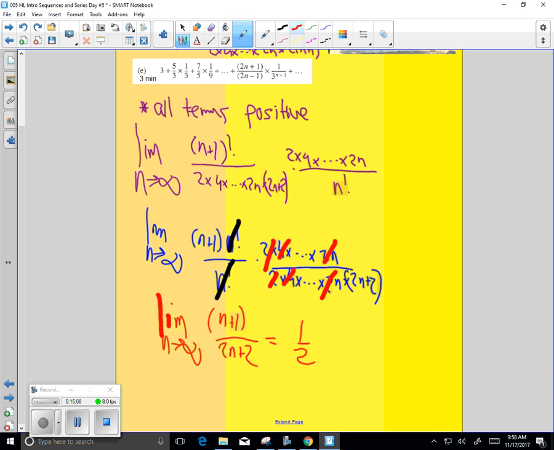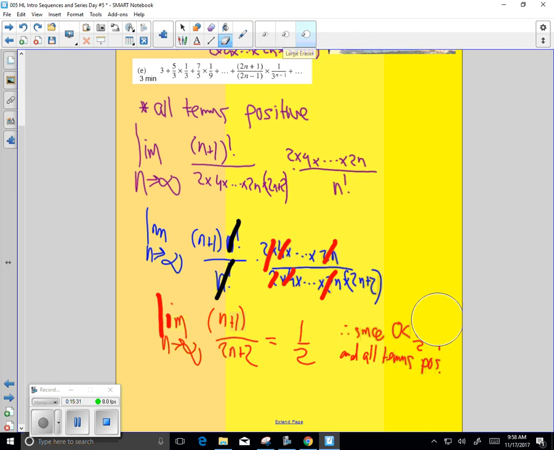Isn't that cool? So this means, therefore, since 1/2 is between 1 and 0, and all terms positive, I should do this part again.